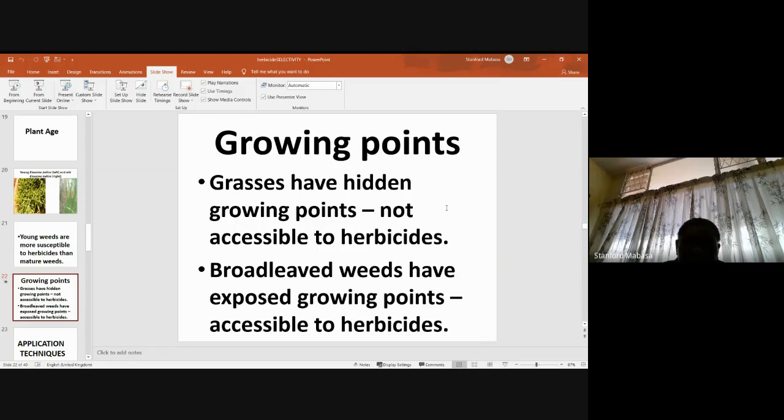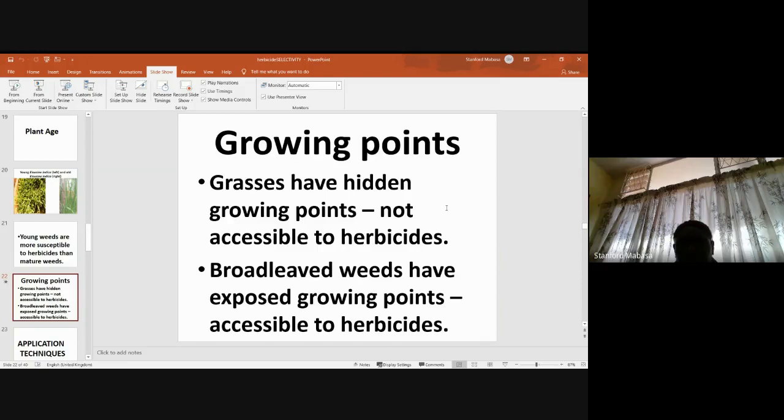Now, grasses have hidden growing points, and the herbicides are not accessible to these growing points, as opposed to broad-leaved weeds, which have exposed growing points that are accessible to herbicides.